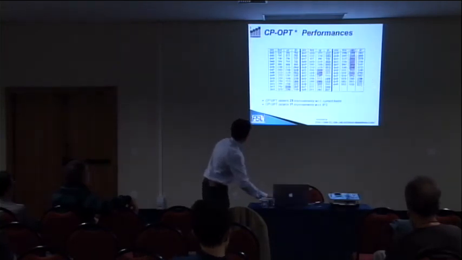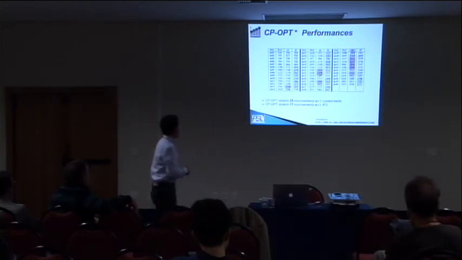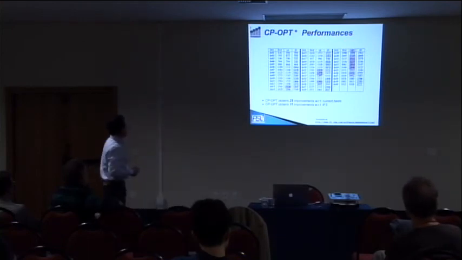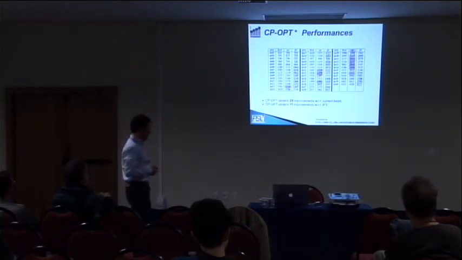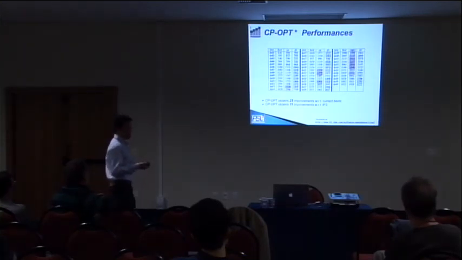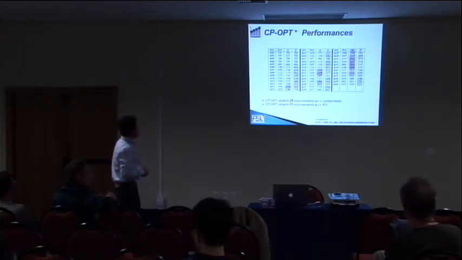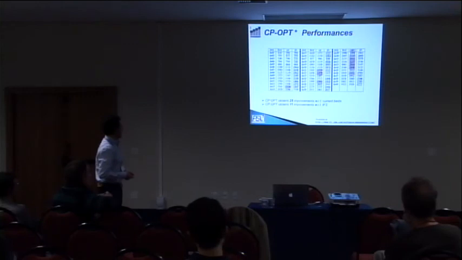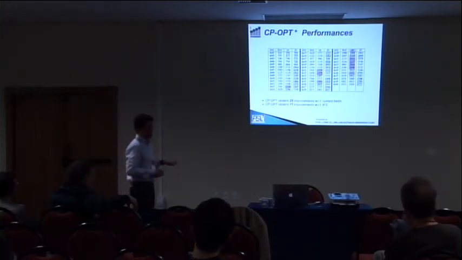In addition, this is a comparison with the CP optimizer, which uses metaheuristics similar to our large neighborhood search, but with a different solving procedure.